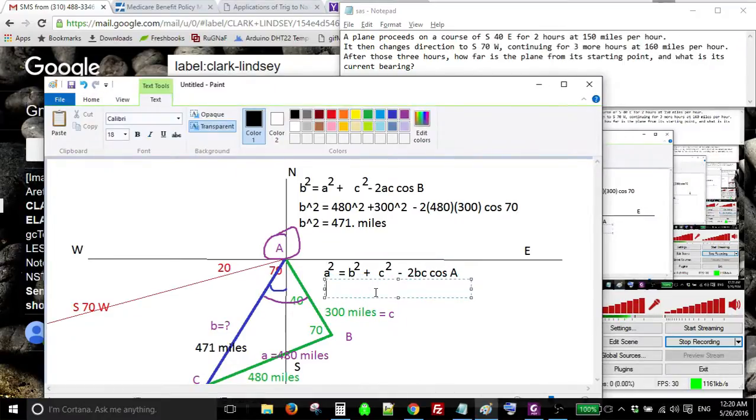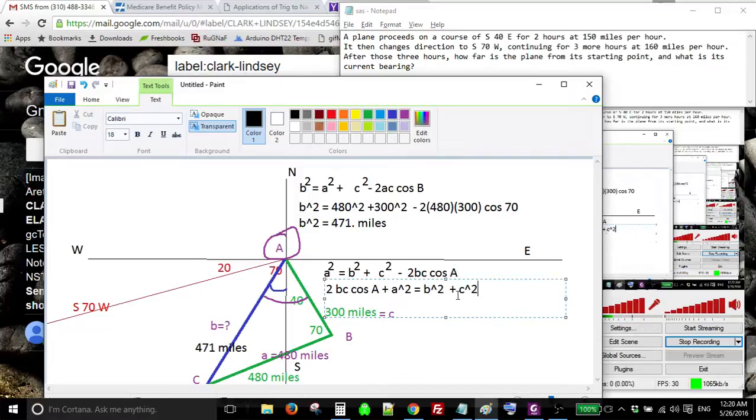So I'm going to solve, because I don't know what A is, and that's what I want to know, I'm going to solve this equation for that capital A. I add this 2bc cosine A on both sides, and that's going to make this b squared plus c squared.